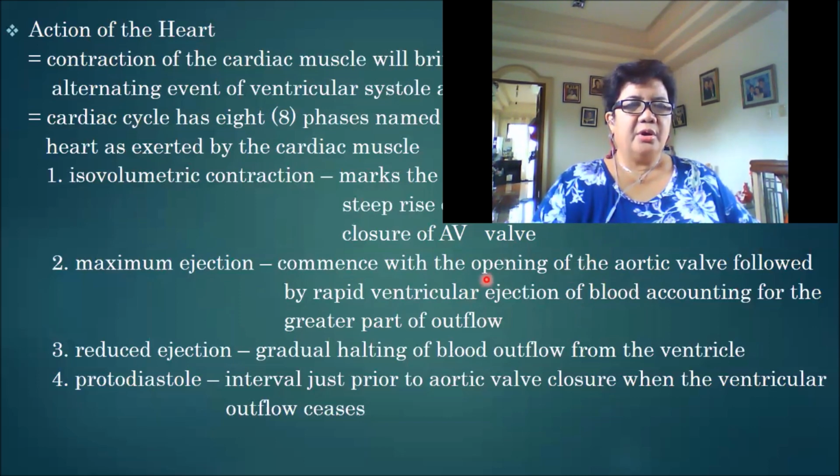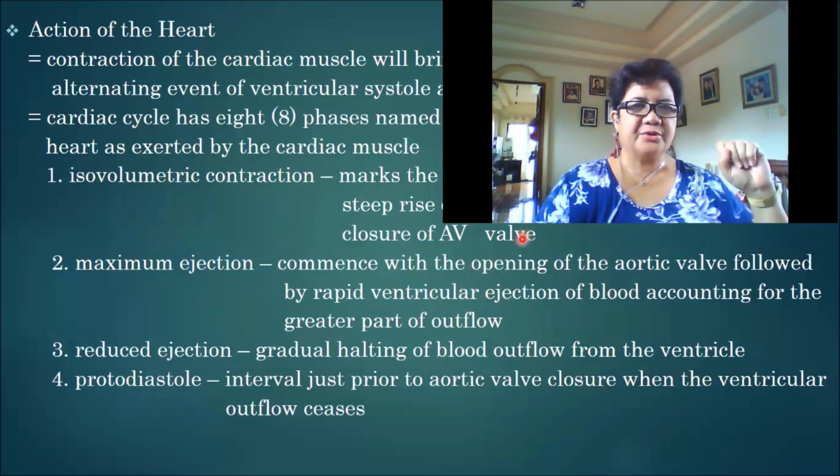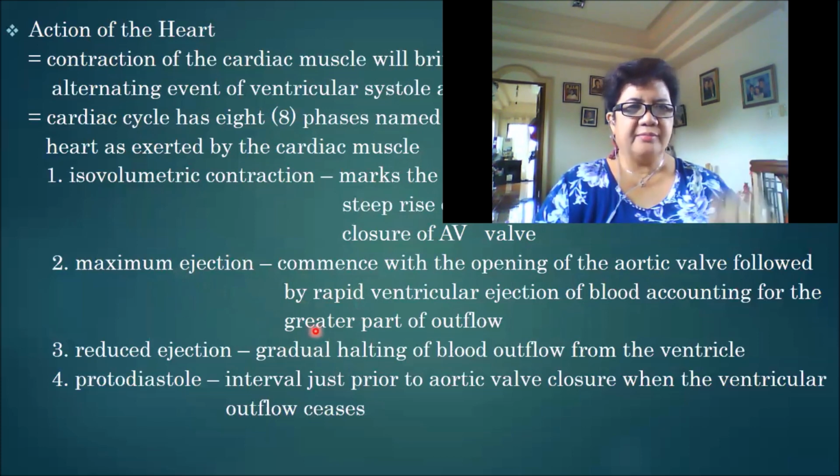So during this phase, what is happening to the atrium? It will start to build up a certain pressure, because it is preparatory to the ejection of blood from the left atrium to be pushed to the left ventricle when it is already empty.